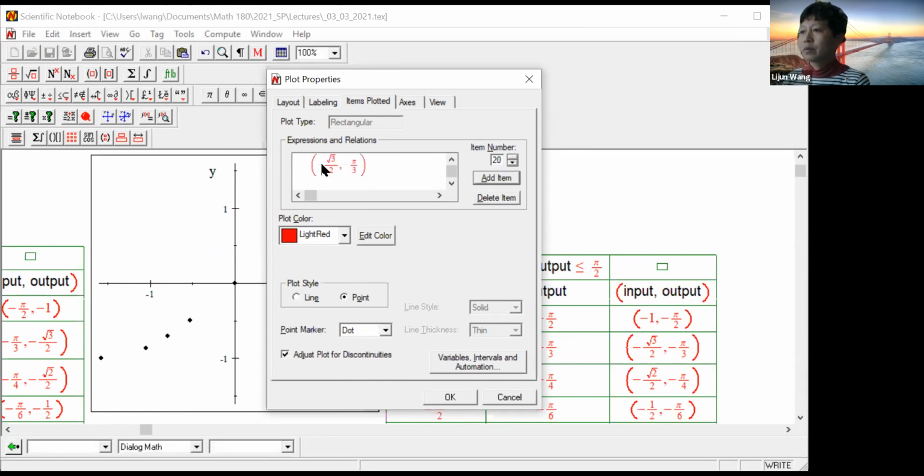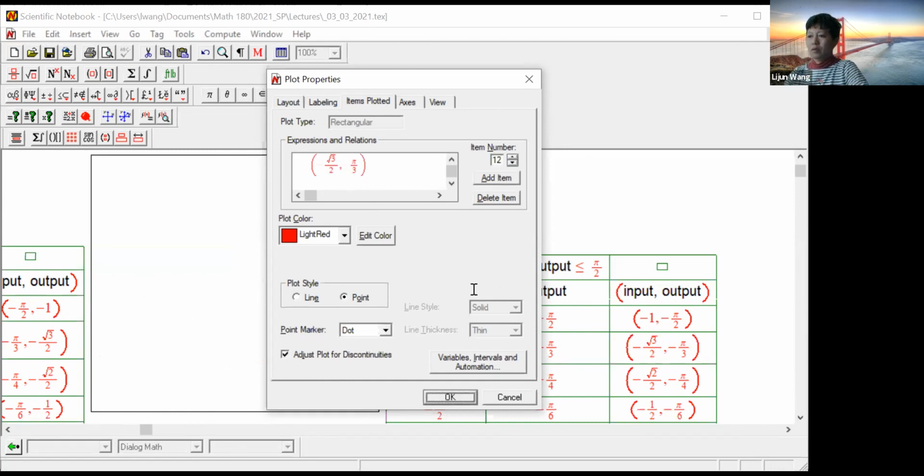Last, positive 1, pi over 2. Okay, let's see if I have everything. All right. Red dots.